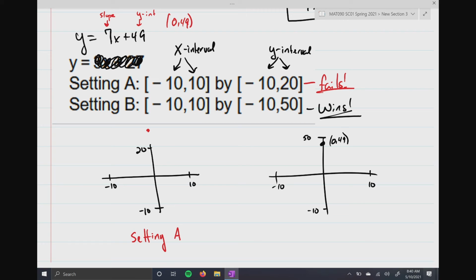And we can clearly see the x-intercept here. What we can't see is that y-intercept. Here's how you change the viewing window in Desmos. See that little wrench? It says graph settings. If you click on it, you've got a check mark for the x-axis and the y-axis. The x-axis says -10 to 10.